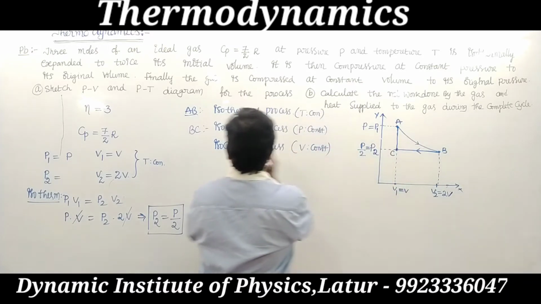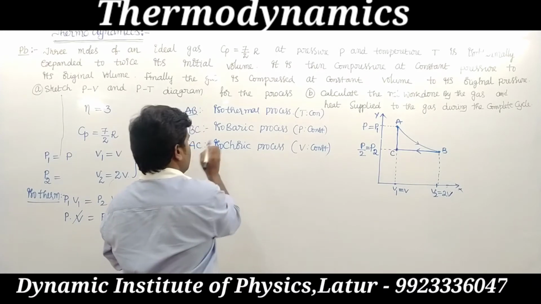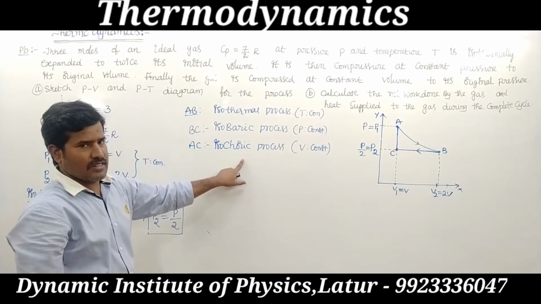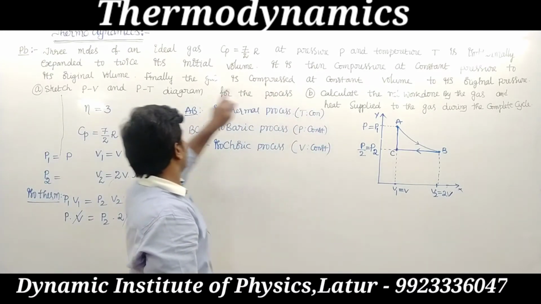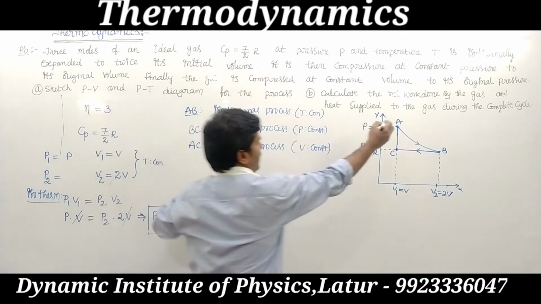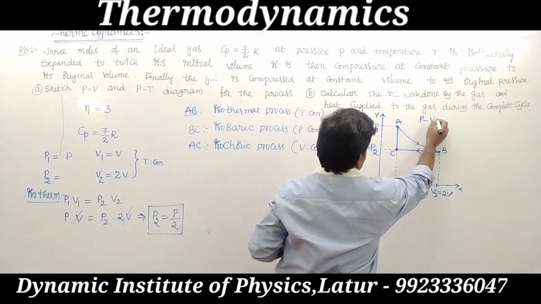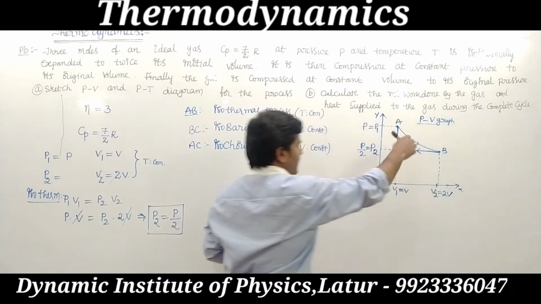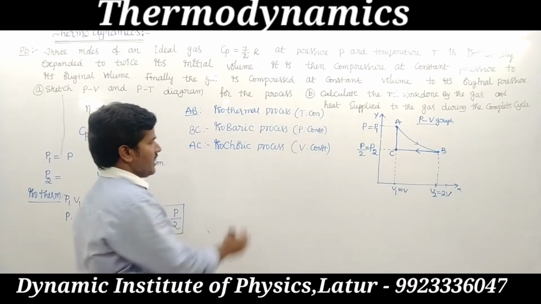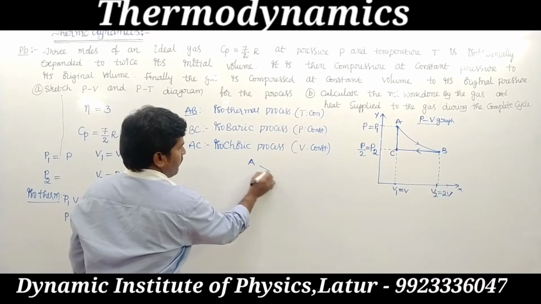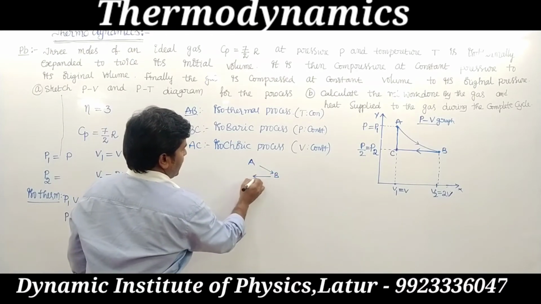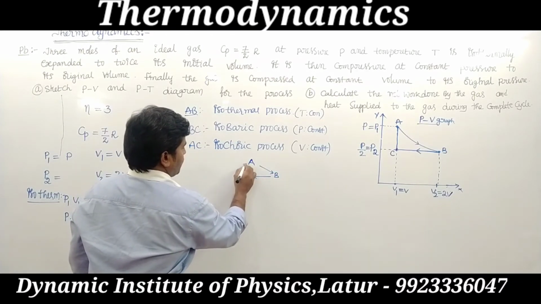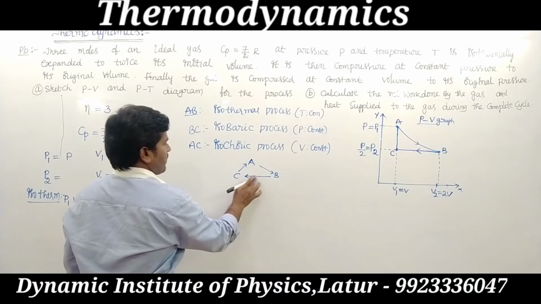That means AC indicates the isochoric process. So this is the PV graph, but it is a cyclic process: A to B, B to C, again C to A.